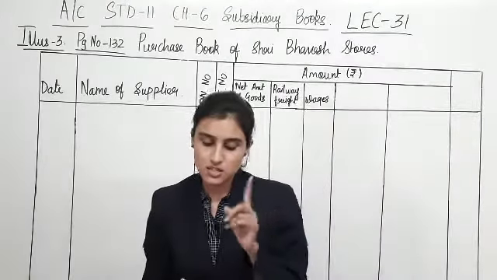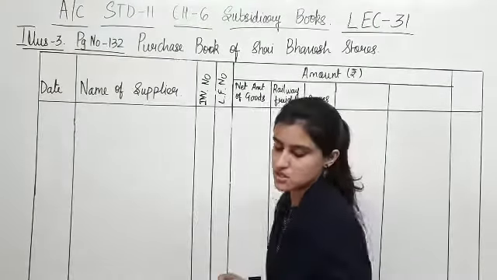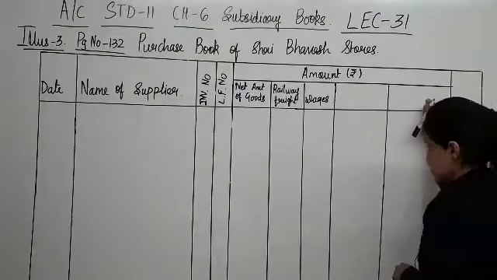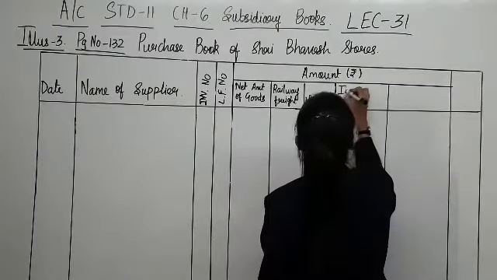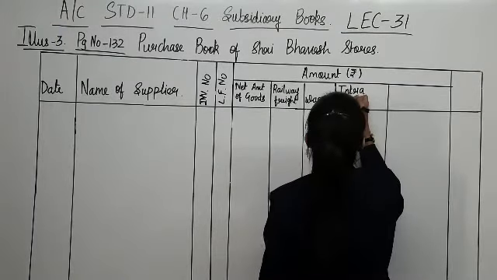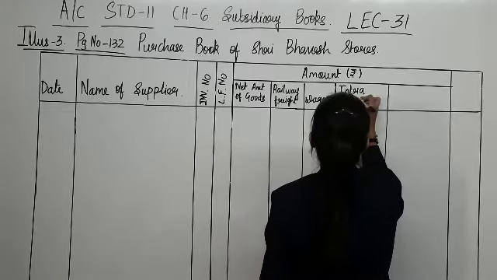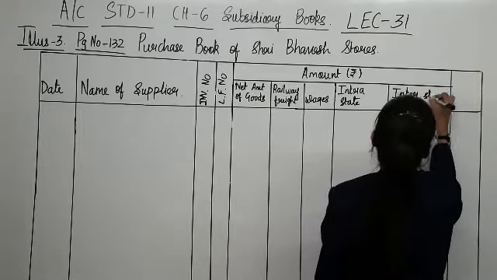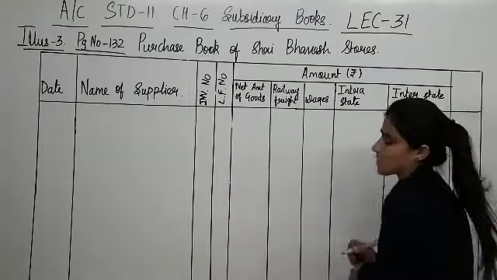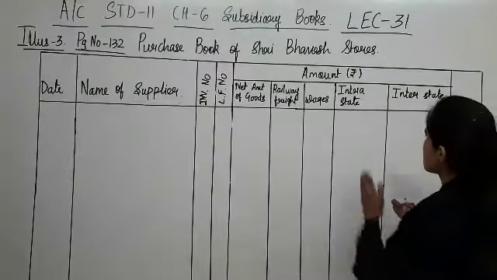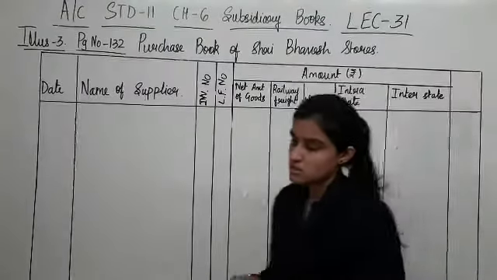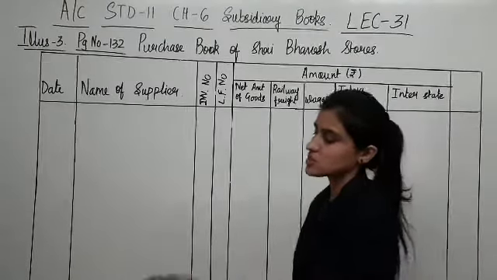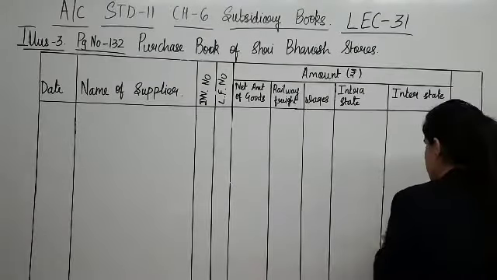Then intrastate supply and interstate supply. Again you have two columns here, because in intrastate it is CGST and SGST.